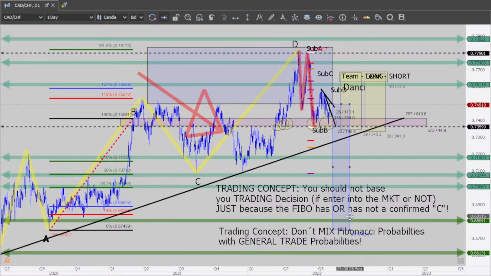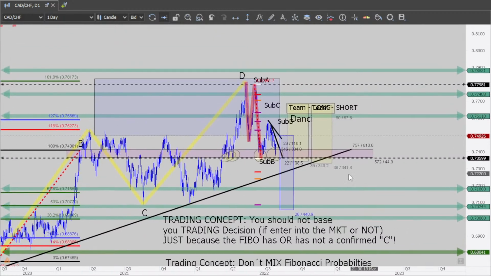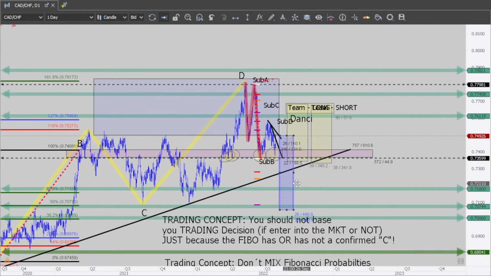So stop loss goes... Don't use the word C, everybody, then you're going to mix apples with bananas. I'm going to put my stop loss below the most recent start of the extension, and because the market wave doesn't have predictable levels, I can project that this is going to be a 1 for 2 trade. Just an example.